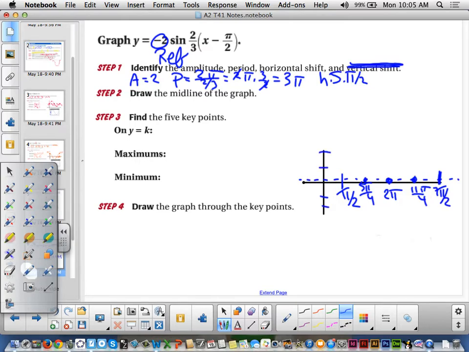But since it's negative, instead of going up from here, we'll go down from here. And we'll trace through our points. So our minimum is at 5 pi over 4, negative 2, and our maximum is at 11 pi over 4, 2.